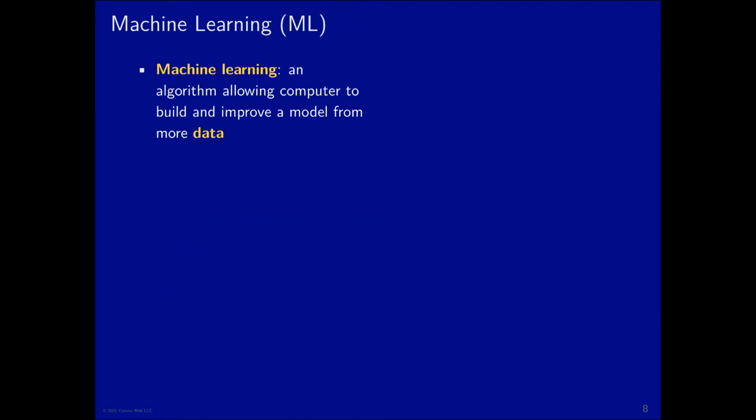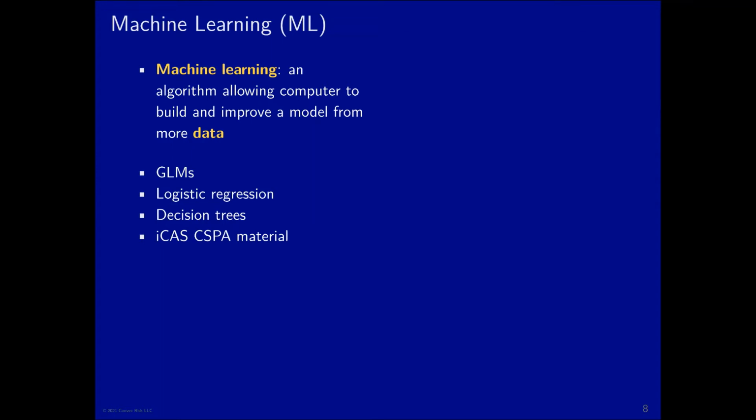So we've got a number of techniques for doing these things, and a lot of them boil down to a process that we call machine learning, which is generically some algorithm which allows a computer to learn, build, and improve a model from more data. And a lot of the things that we use day in and day out, certainly a lot of my examples are going to be drawn from actuarial practice because that's where I come from.